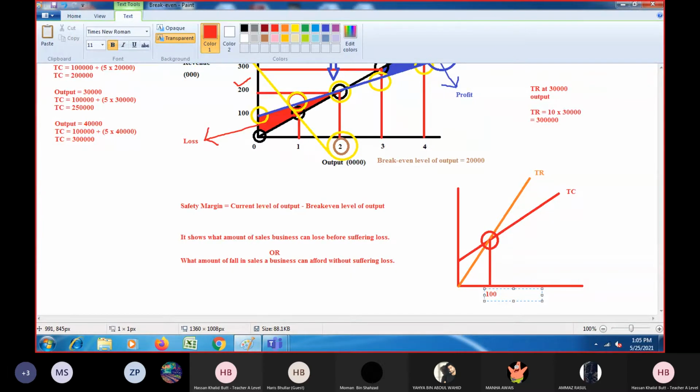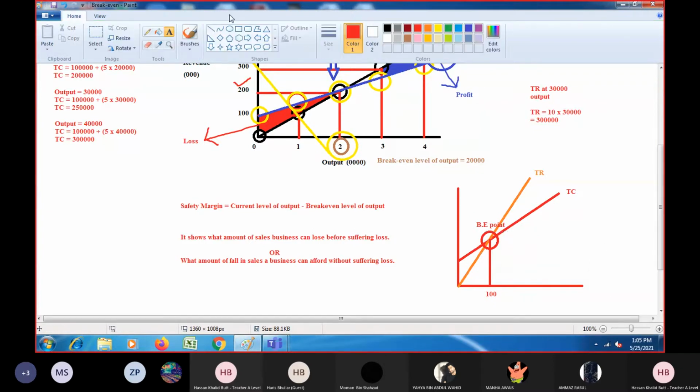If a business produces and sells 100 units, the business will achieve the break-even point. This is the break-even point.